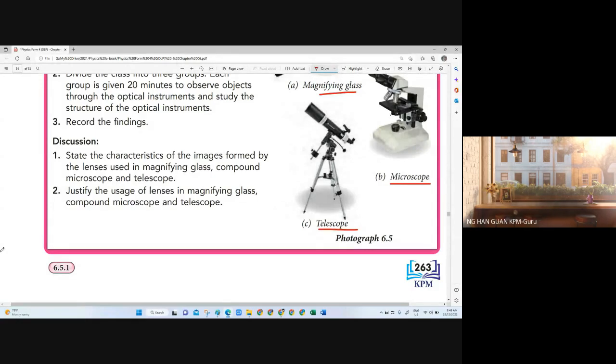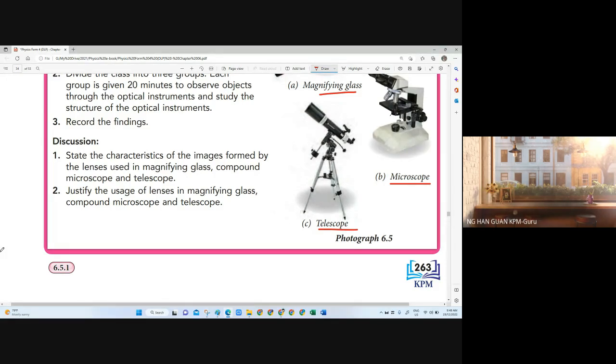Remember, what we magnify, what we make bigger, is the image. It's the image, girls, not the object. Never mention in the exam that it can magnify the object. I have repeated this many times already.